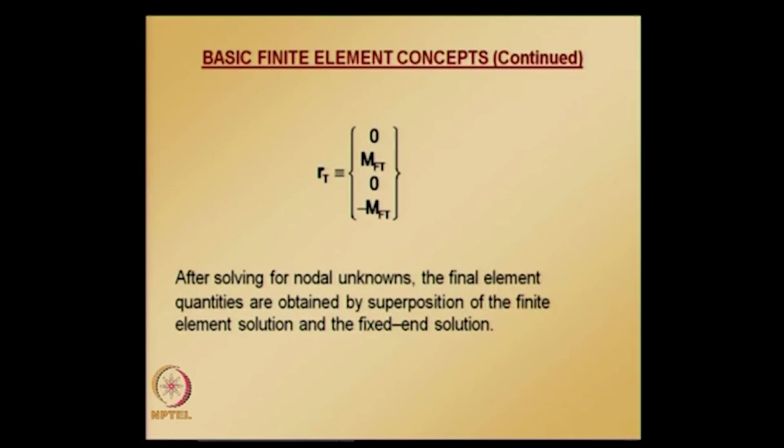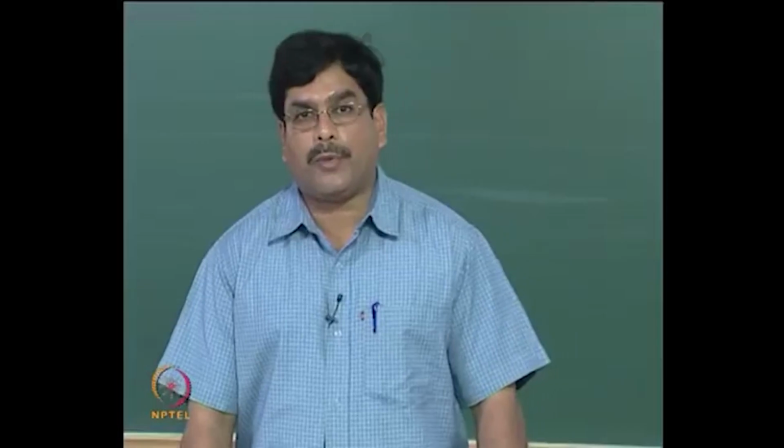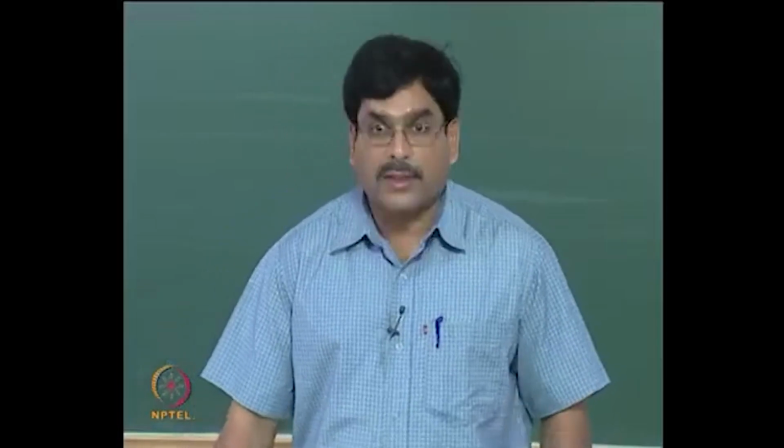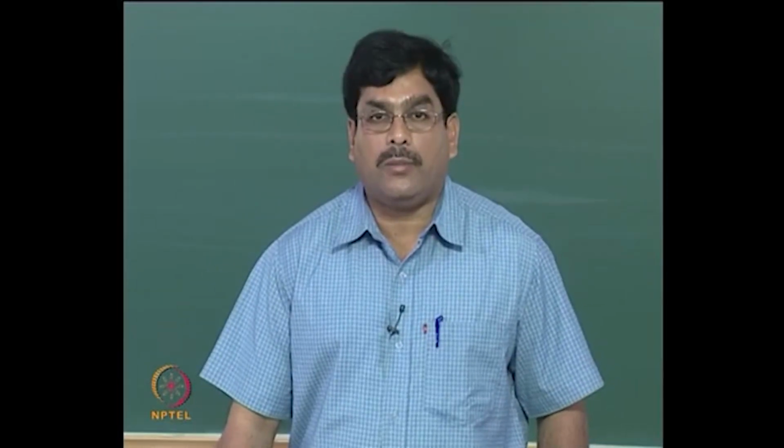So, after solving the nodal unknowns, that is once you solve the nodal unknowns V1, theta 1, V2, theta 2 for the beam element, the finite element quantities like displacement, bending moment and shear at any point in the beam are obtained by superposition of the fixed end solution, as it is for the distributed load problem.